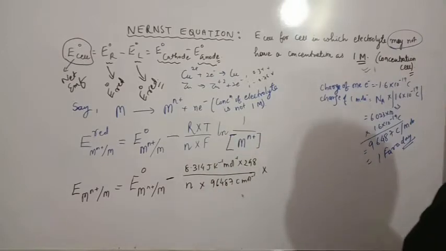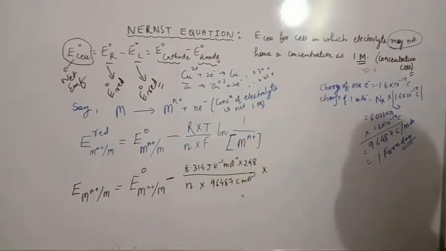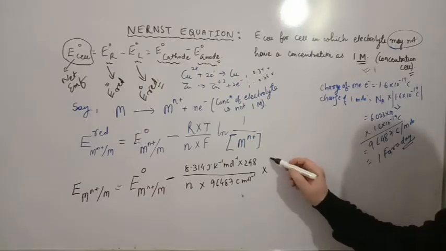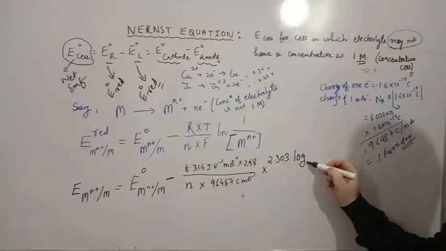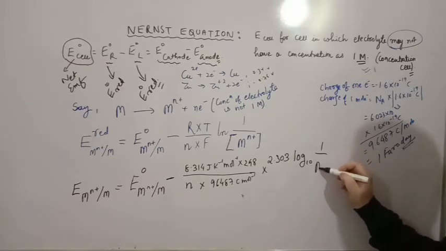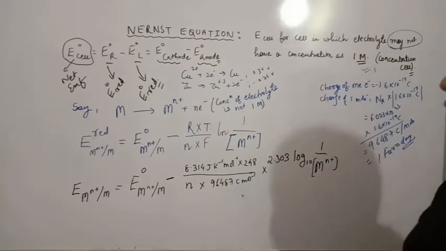If we have to convert natural logarithm to decimal logarithm, meaning the logarithm with base 10, then we will simply multiply it with 2.303. This is a rule which you have to keep in mind. 1 by M n plus. Now these all are constant values.